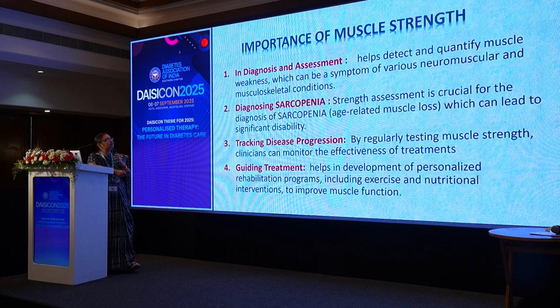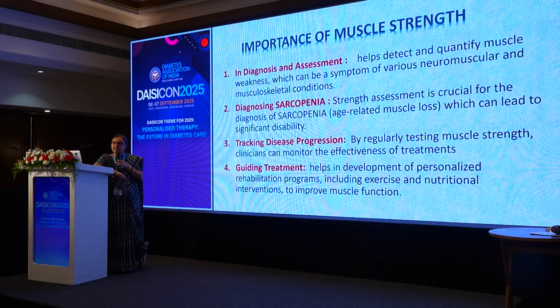The importance of muscle strength is mainly because it helps to detect and quantify muscle power, especially in neuromuscular and musculoskeletal conditions, which we already know. It is very important in diagnosing sarcopenia and tracking disease progression. By regularly testing muscle strength, clinicians can monitor the effectiveness of treatment for any disease and guide treatment.